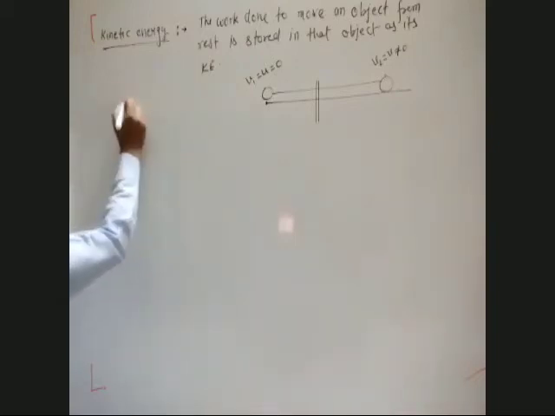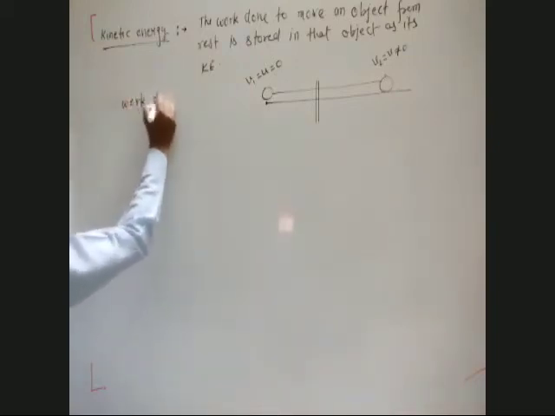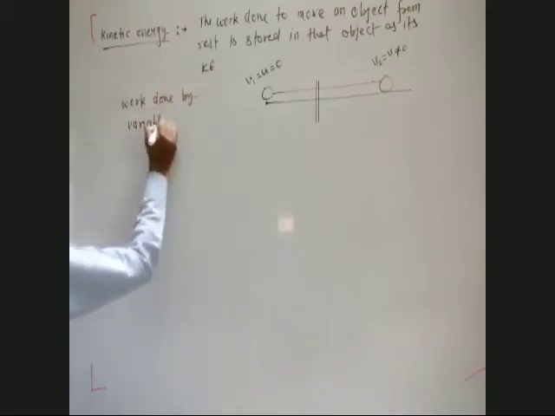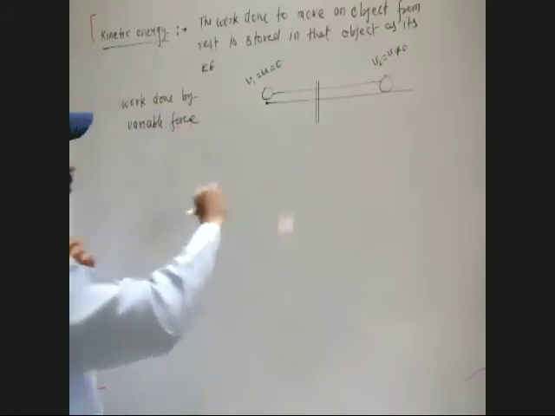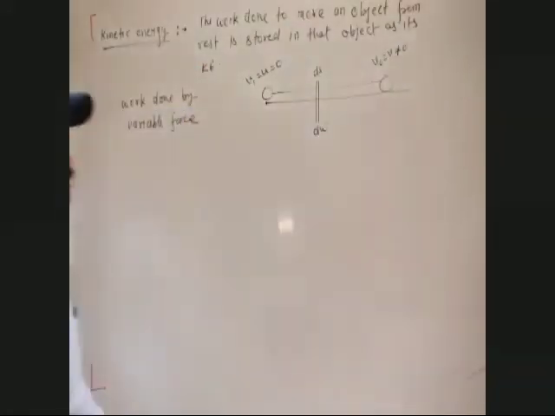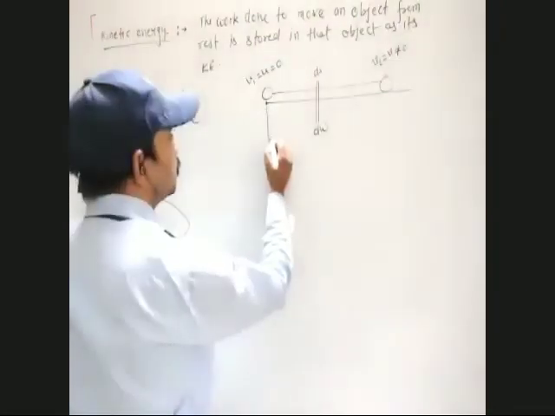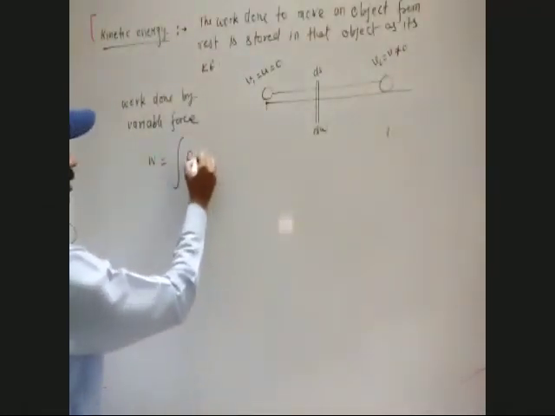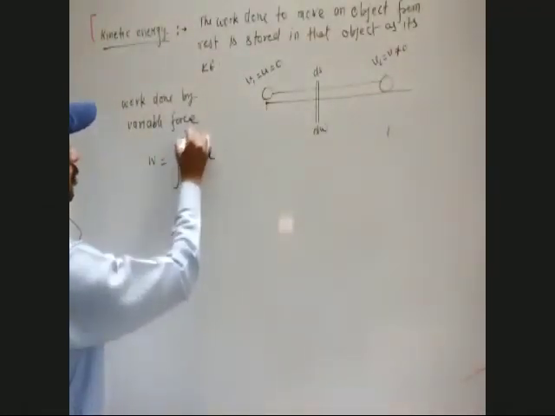So we can write this work done by variable force. What is the formula of work done by variable force? W is equal to integration f dot dx from x1 to x2.